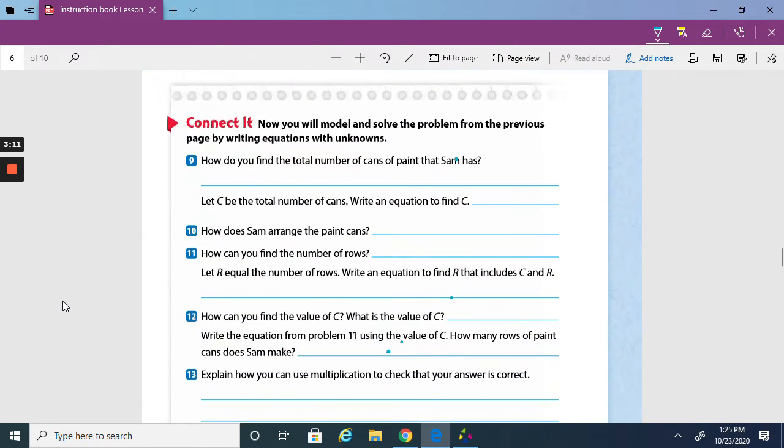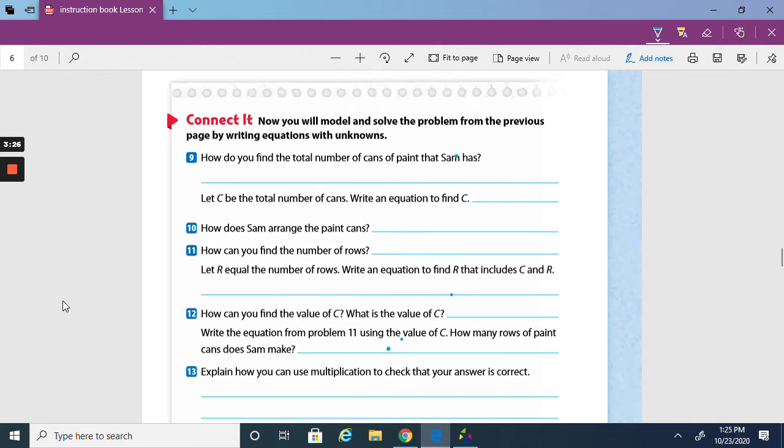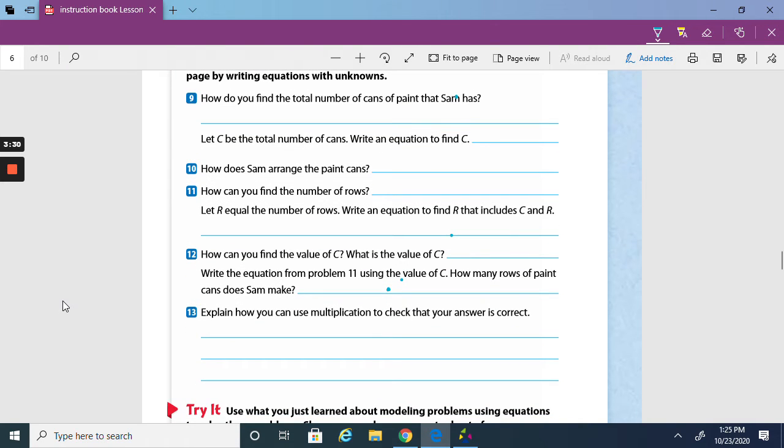Let's go on to page 129. Now you will model and solve the problem from the previous page by writing equations with unknowns. So this is where we're going to use letters to represent some of our numbers. Number 9 says, how do you find the total number of cans of paint that Sam has?